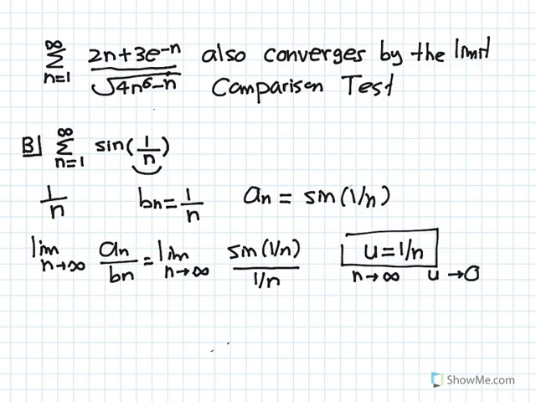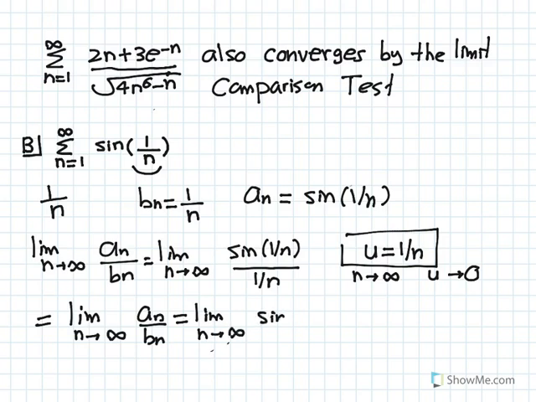So we have the limit as n approaches infinity of an divided by bn is equal to the limit as n approaches infinity of sine of 1 over n divided by 1 over n, which is equal to the limit as u approaches 0, because we made a substitution u equals 1 over n, of sine of u divided by u.